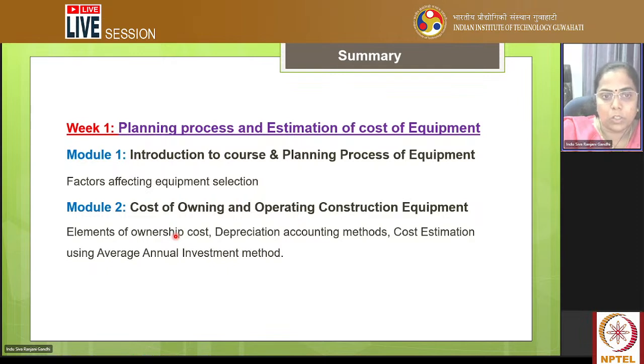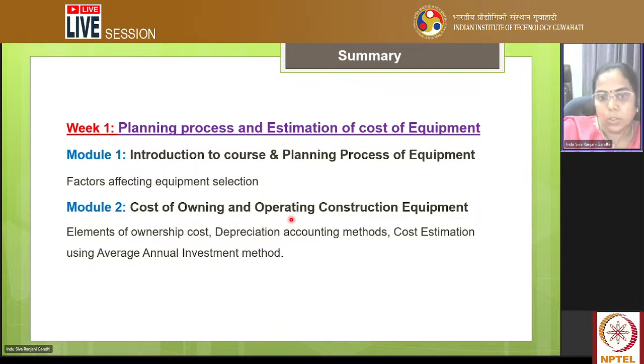I hope you know the components of ownership cost, right from your initial cost, the cost associated with the investment, and your tax, insurance and storage cost. Coming to the operating cost, the cost of fuel, filters, lubricating oils, and maintenance and repair all come under the operating cost, which is highly variable.